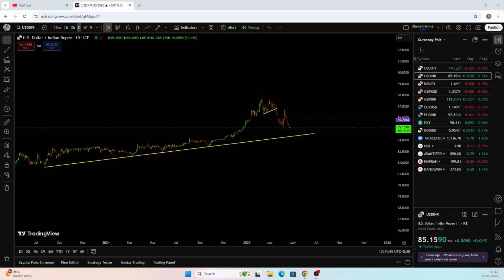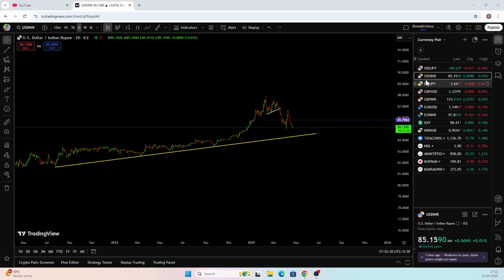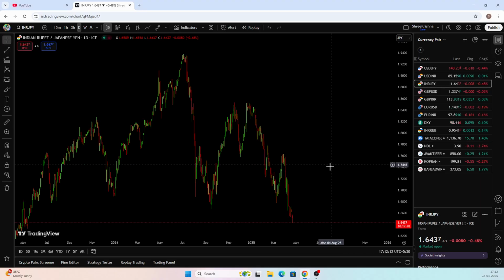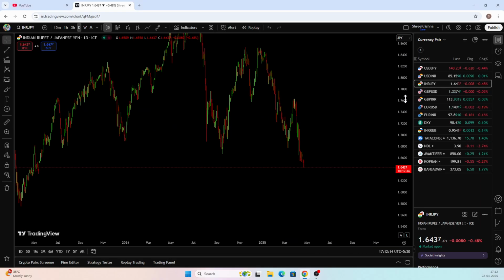Or we may see this as a small jump, then a small down, before making it down. It may make a contracting flat before coming down somewhere near 84 and a half. Until then, even the equity market will get affected because of this. Okay, INR JPY, we are still at 1.64.